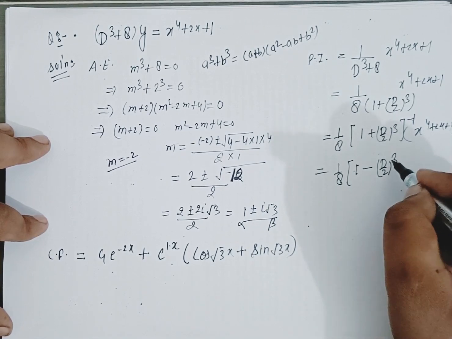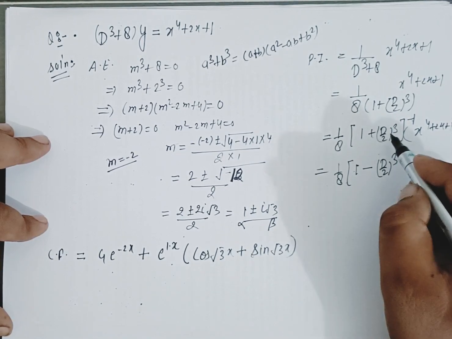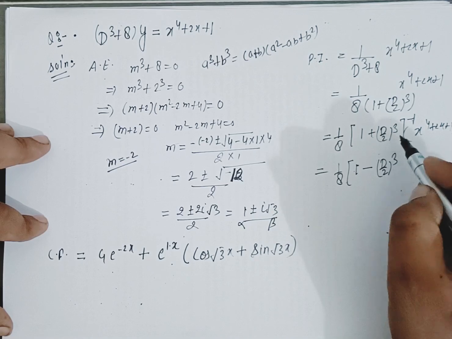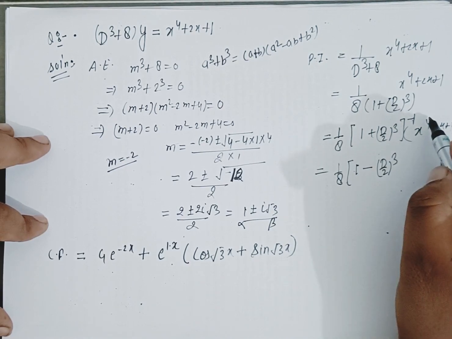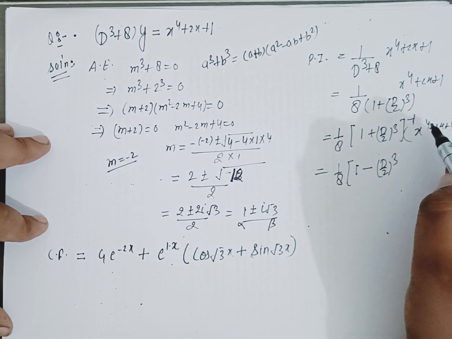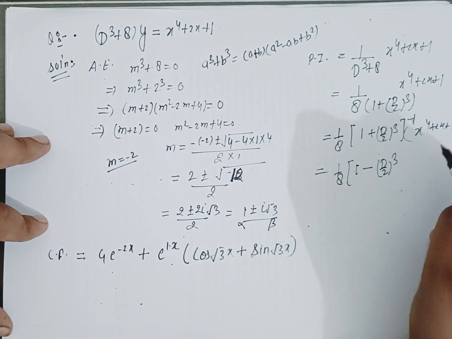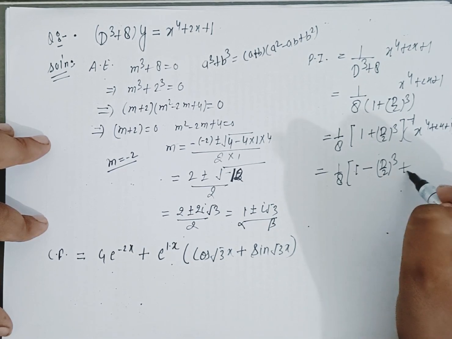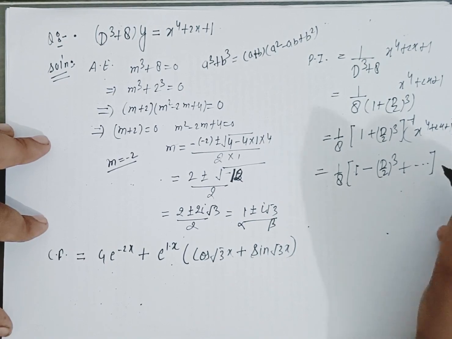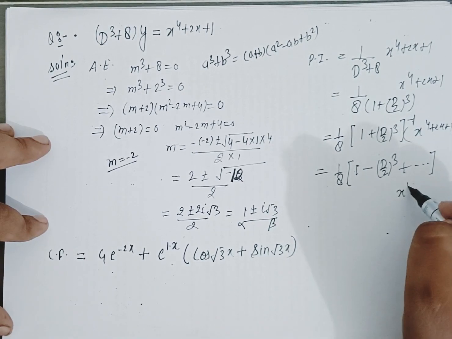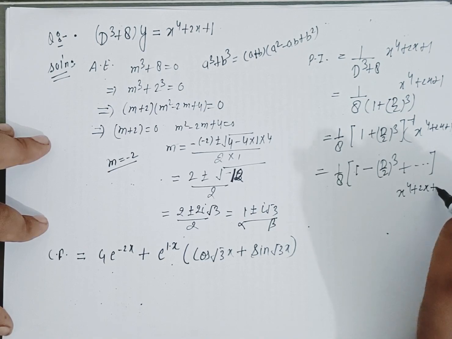The next term, the square, means D by 2 to the power 6, which is greater than the power 4, so it will give all zeros. There is no benefit in writing the next terms, acting on x to the power 4 plus 2x plus 1.